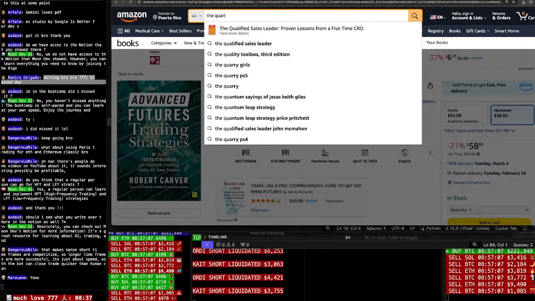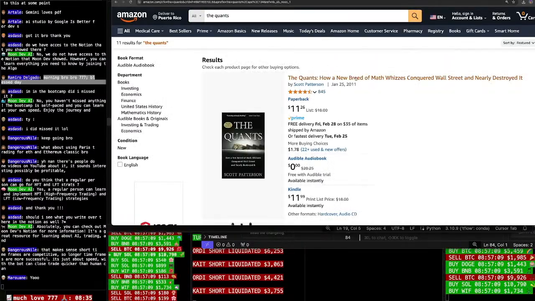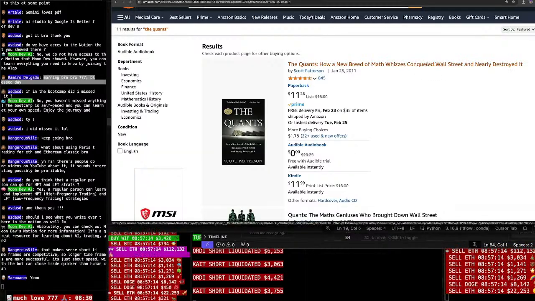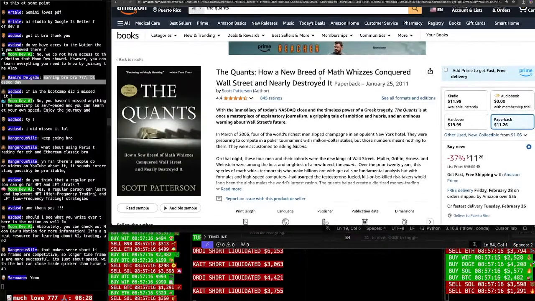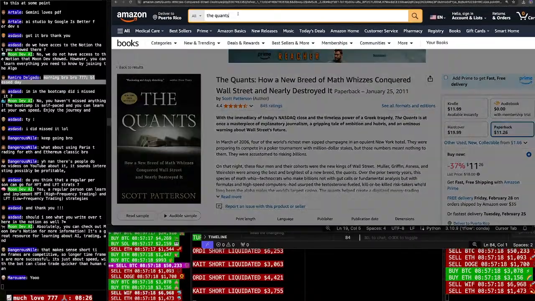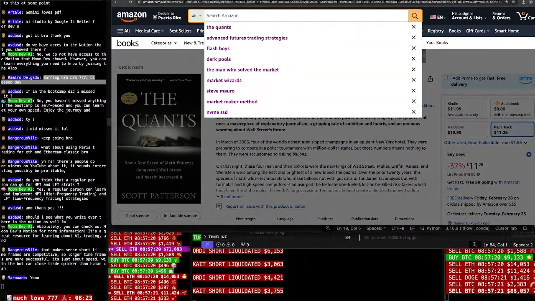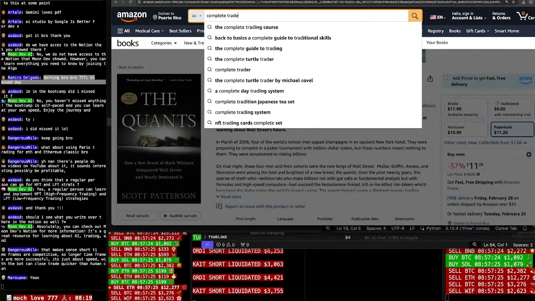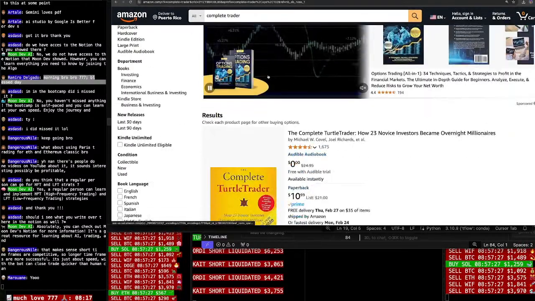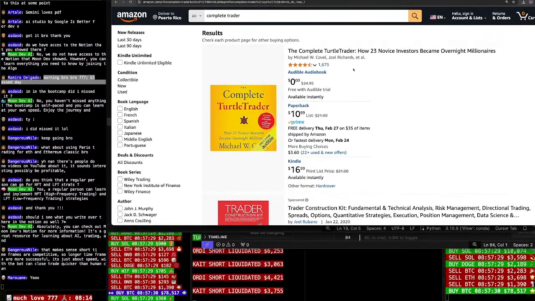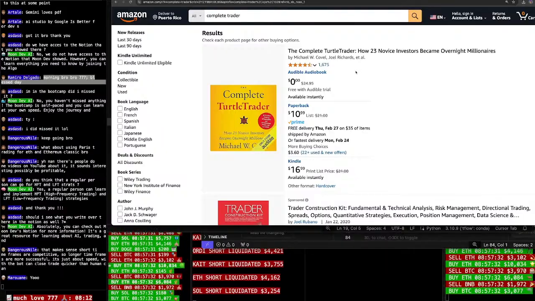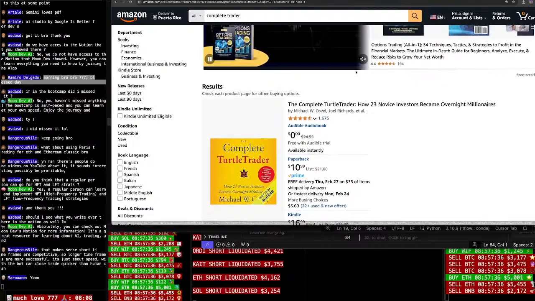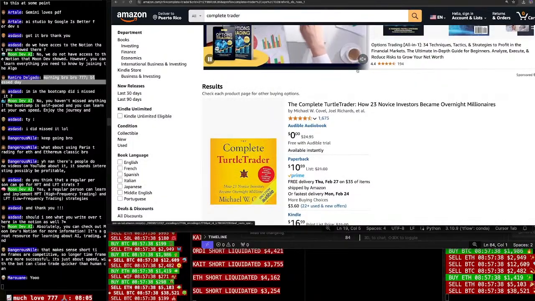The Quants. This is what you are, a quantitative trader now. So, how a new breed of math whizzes conquered Wall Street and nearly destroyed it. Fascinating story. Definitely read this. I know it's a lot of reading material, but Complete Turtle Trader. This is an inspiring story of how they found some people on like Craigslist ads or newspaper ads. And they said, hey, we need somebody to come trade for us. We have a system, just trade it.